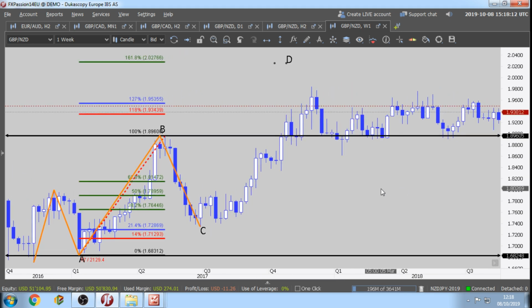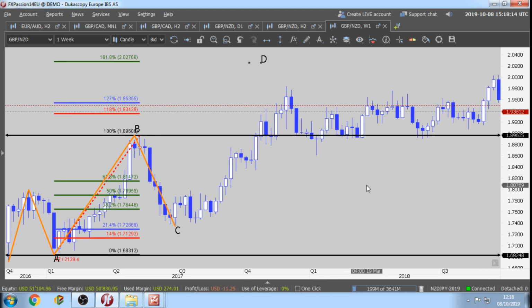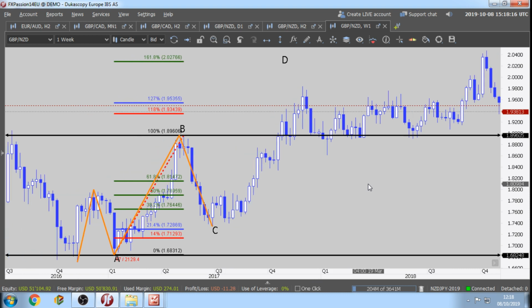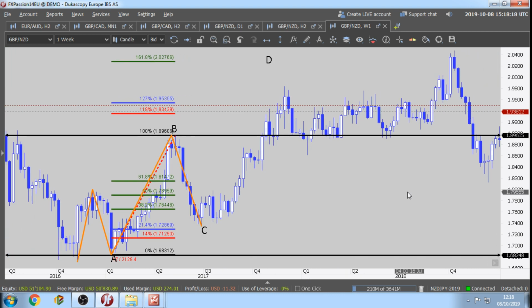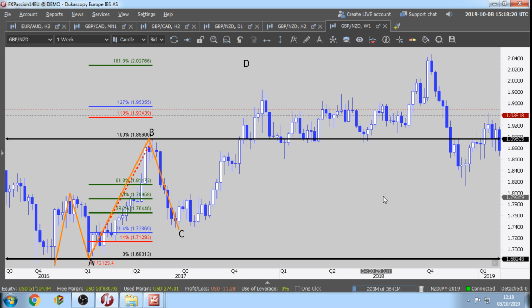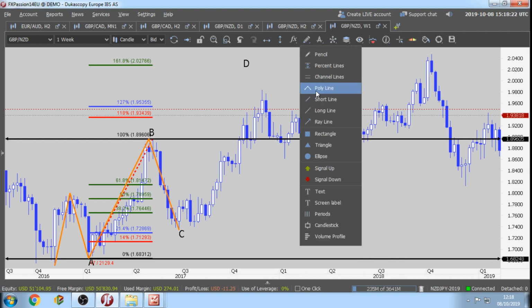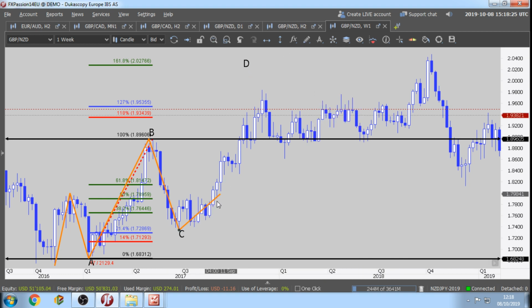Okay, this is the original Fibonacci, everybody, on the GBP NZD weekly chart. And as you can see, the market then went up running, sideways movement, and hit our D extension up in here. And this is our new D.